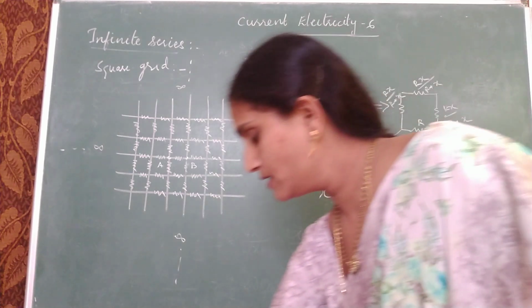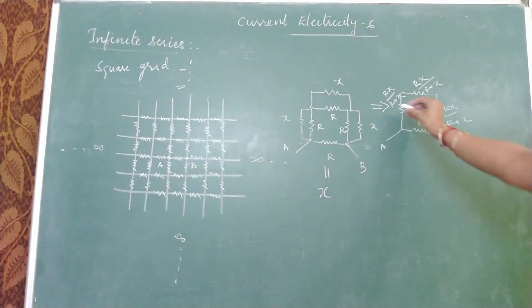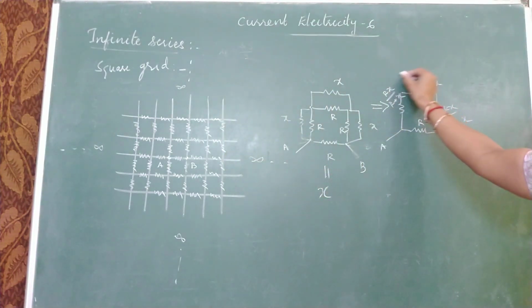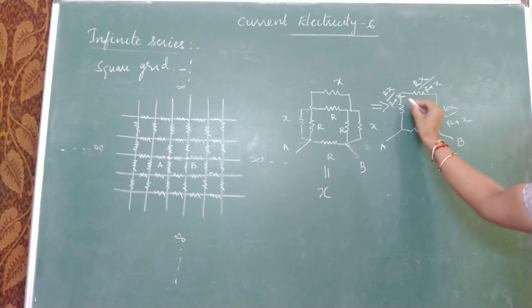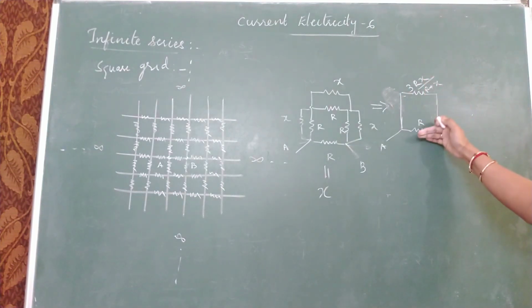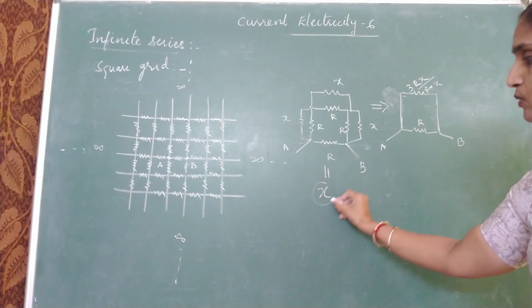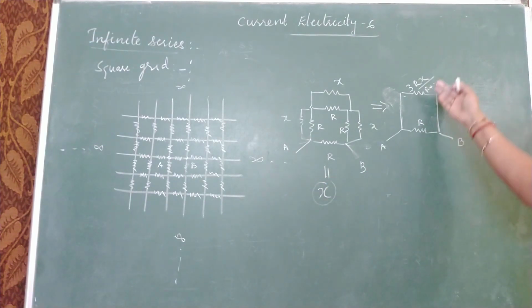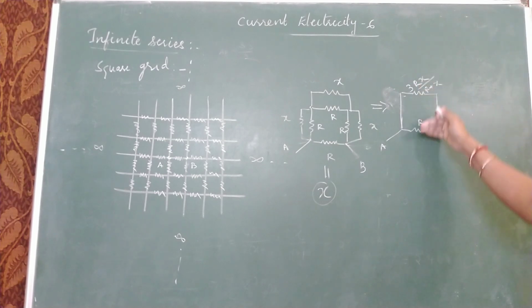To get the equivalent resistance, see, are these three resistors in series combination? So can I erase all of them and make it 3 times? Now these two branches are in parallel. Answer should give you what value? X. Let us see what will be the answer. These two in parallel.